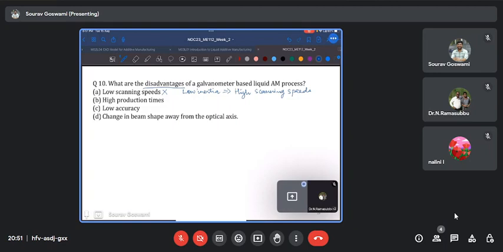High production time. Because of the raster scanning, even though the scan speed itself is pretty fast, it is only scanning one point at a time. So it is point by point.